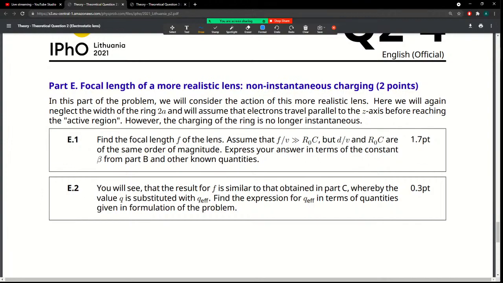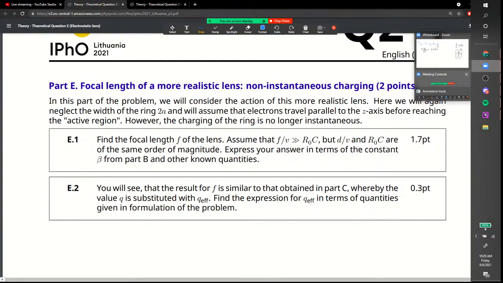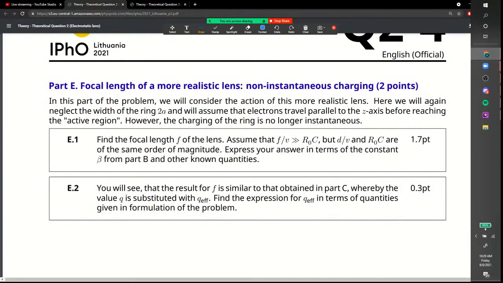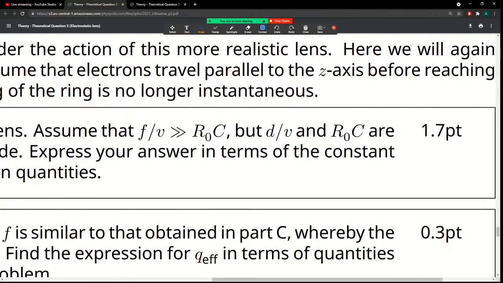Let me see. Okay, I guess here this can help because V is so fast. V is slower. Wait, no, this can't help. It says d over v and r naught c are in the same magnitude.